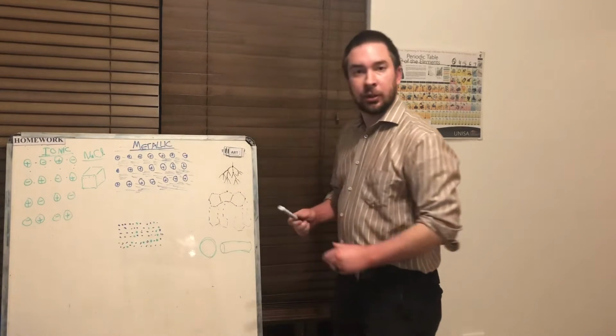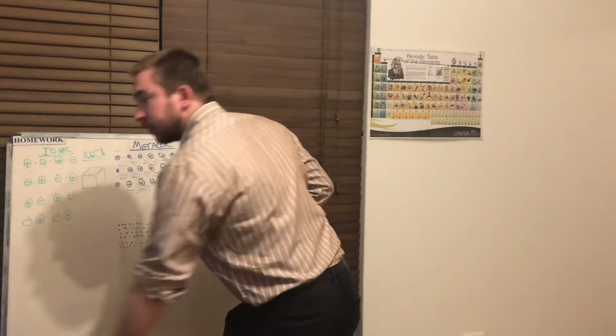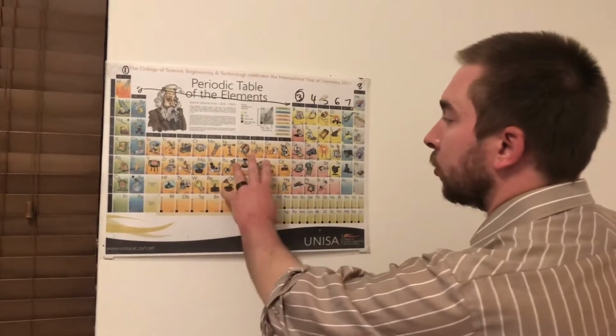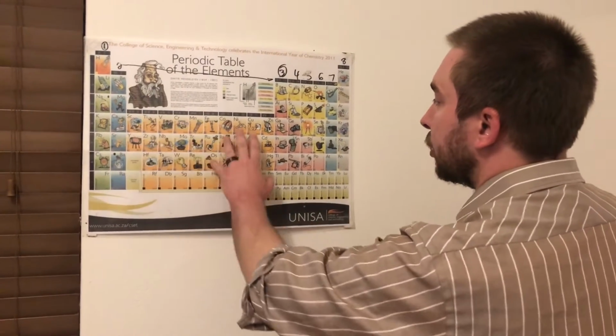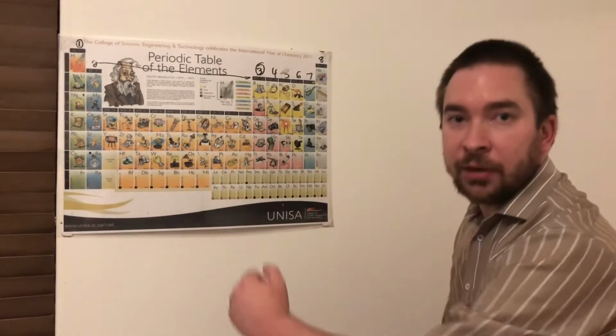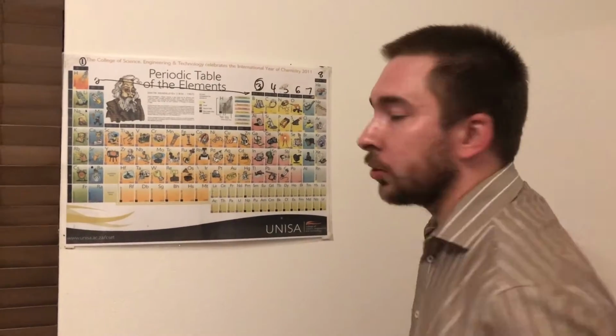metallic bonds. And now we're going to go back to the periodic table just for a moment. The metallic bonds, again, all of your elements that are metals, group 1, group 2, transition metals, and then a few on this side, as well as your heavy metals lower down. Your metallic properties can be most obviously seen, like I said, in your transition metals.